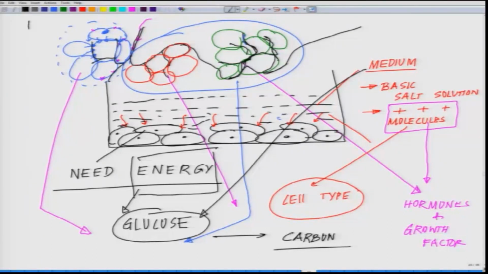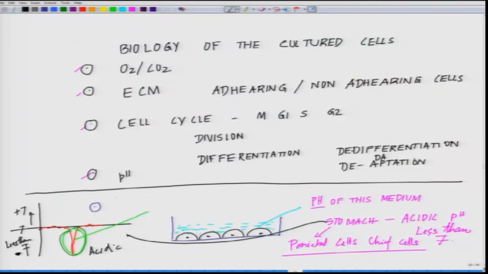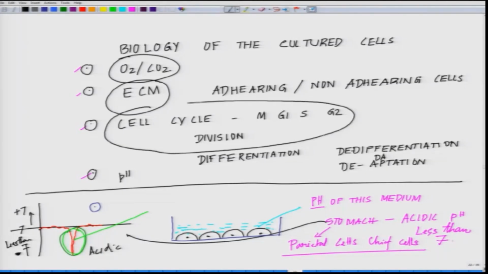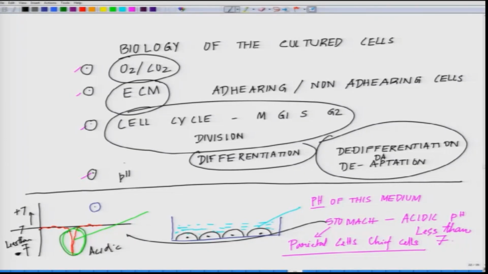So with this, I will close in on this part. I will add that last tail piece, what all we have covered. So we talked about oxygen and carbon dioxide. We talked about extracellular matrix. We talked about the cell cycle, de-differentiation, de-adaptation, and of course we talked about the cell lines, and of course in between we have talked a little bit, very little bit about primary culture.